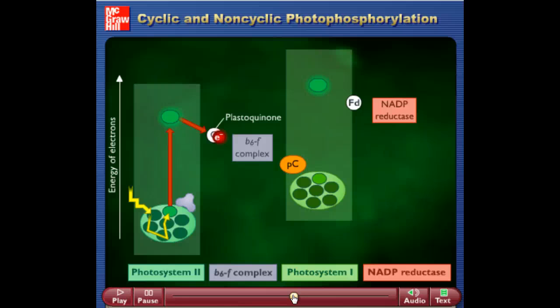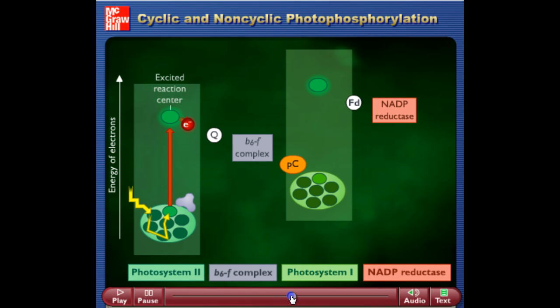In step 3, Plastoquinone accepts the original electrons from the pigments excited by the light in photosystem 2. And it passes these excited electrons to a proton pump embedded in the membrane called the B6F complex.